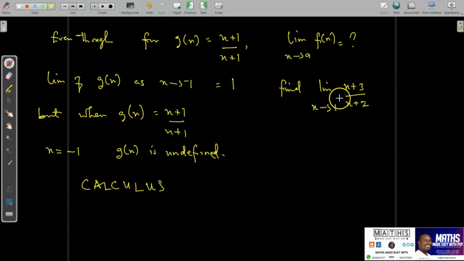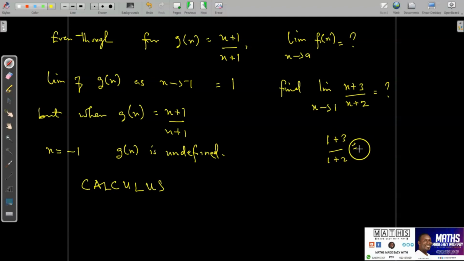But at this point in time, the value of x that we need to substitute is not negative 2. So it means this function should automatically exist at that point. So all that we need to do is, what does that function give us? It's going to be 1 plus 3 divided by 1 plus 2.